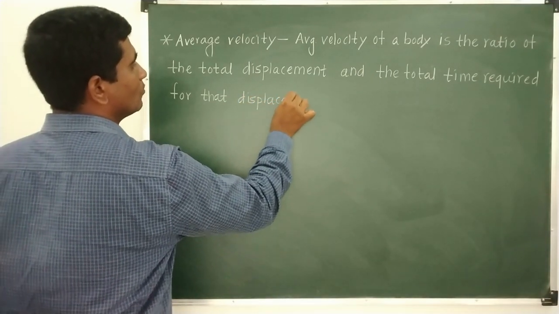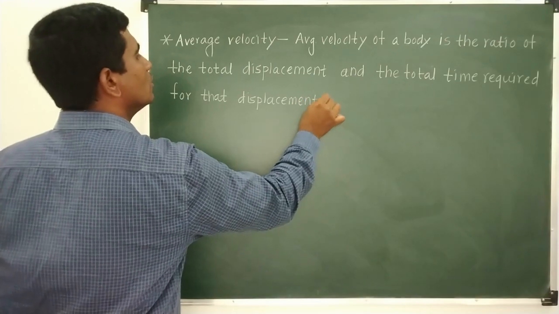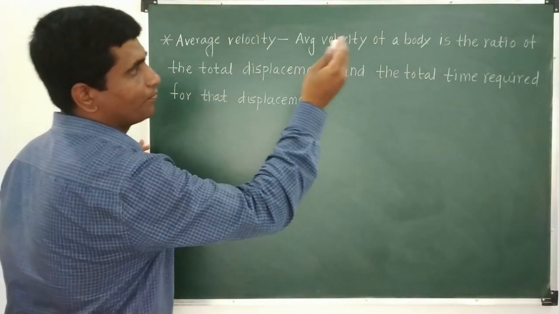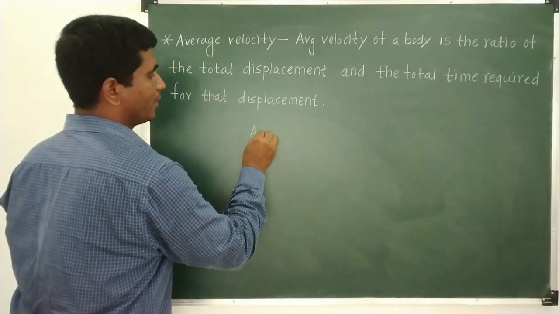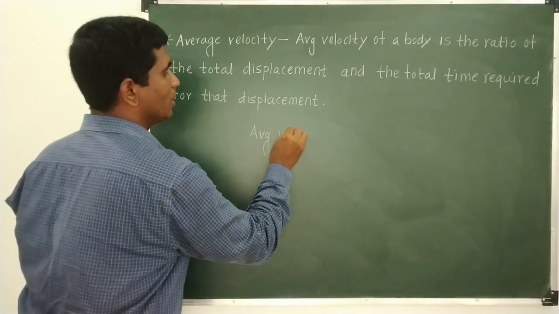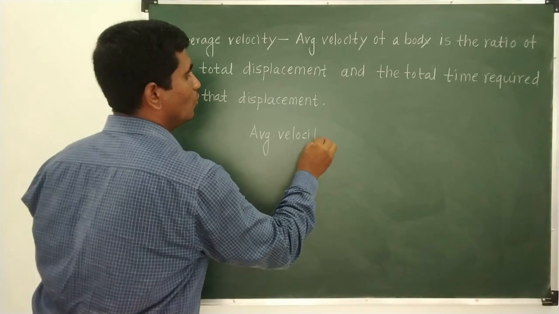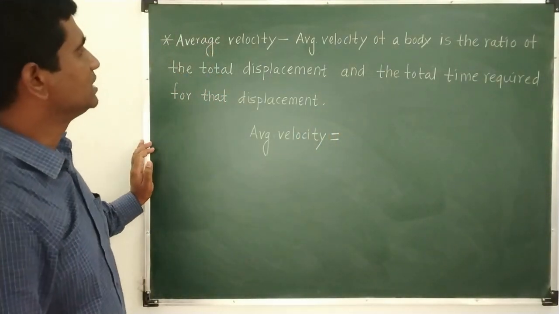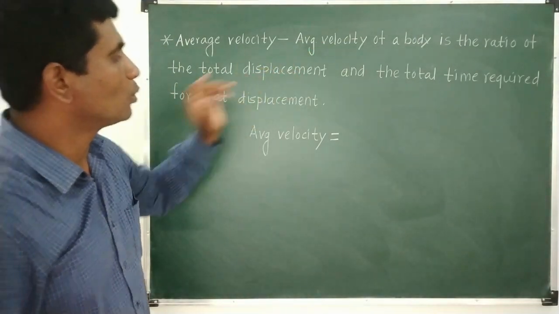Okay, so average velocity of a body. I can rewrite it in a mathematical form. Average velocity is equal to the ratio of total displacement.